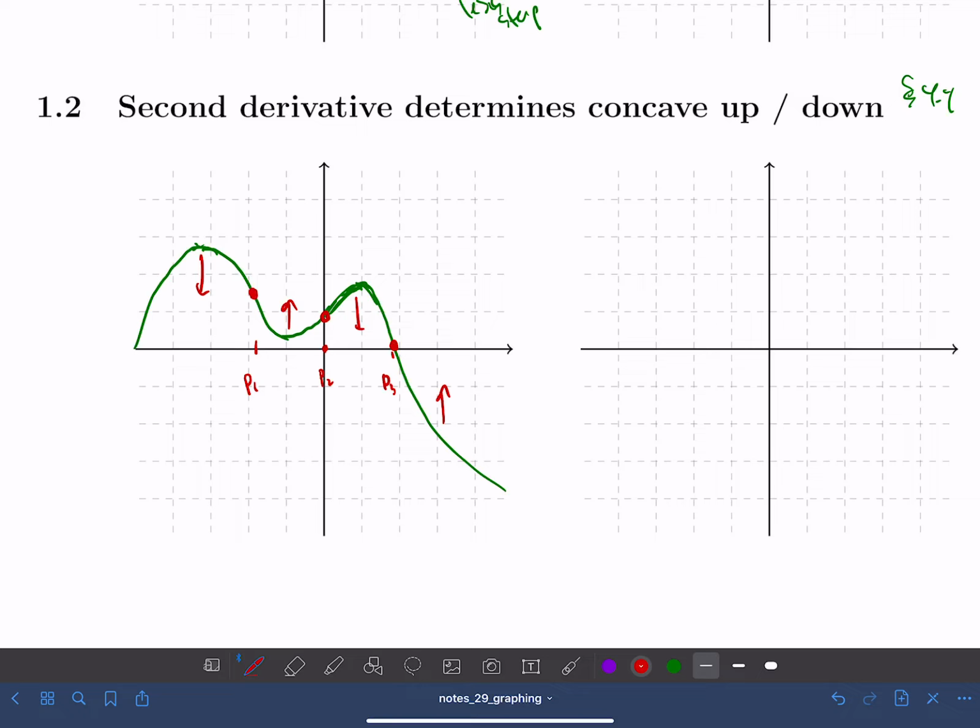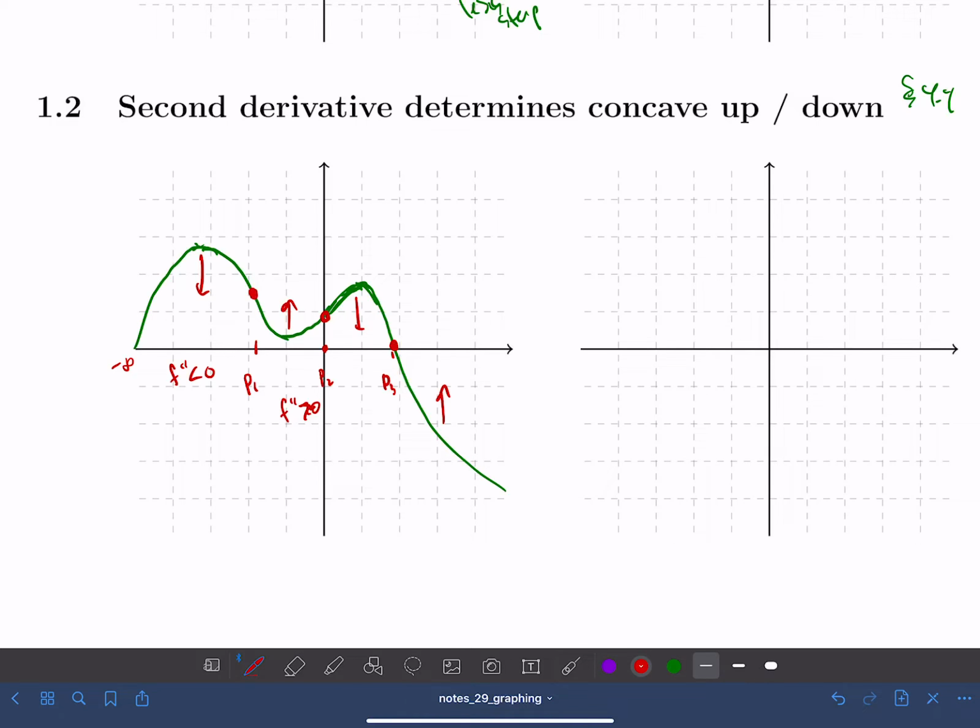All right, so in these different places, from minus infinity to P1, f double prime is less than 0. From P1 to P2, because the arrow points up, the second derivative is positive.